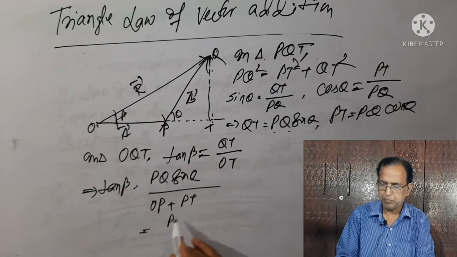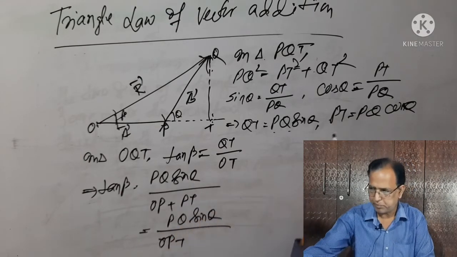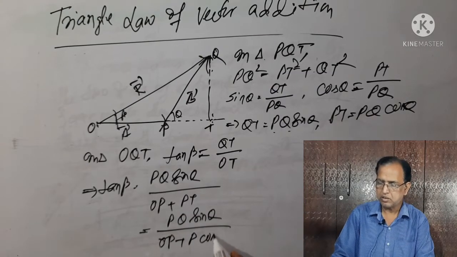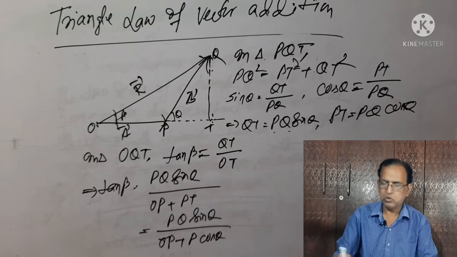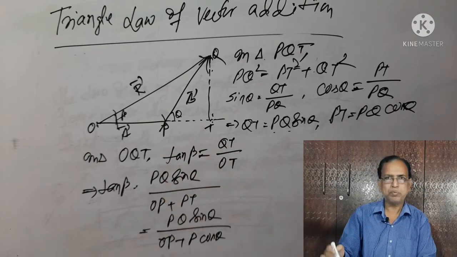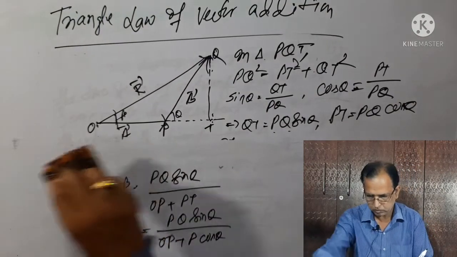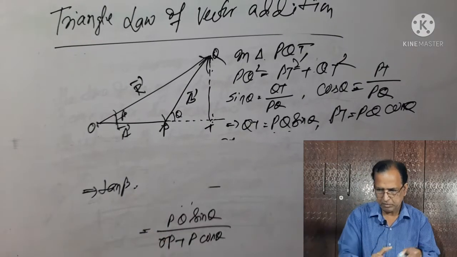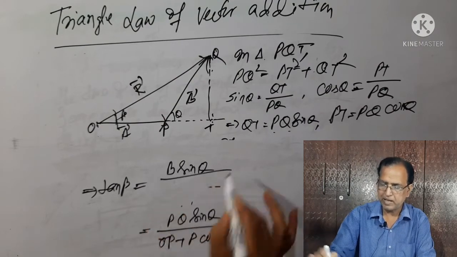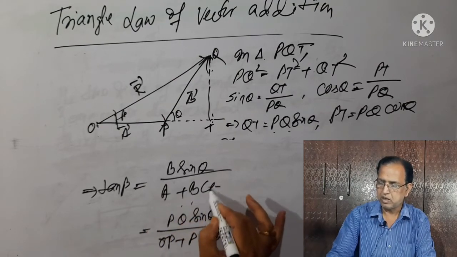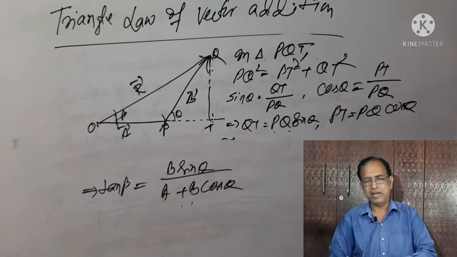So tan beta is equal to PQ sin theta by OP plus PQ cos theta. What is PQ? PQ is B, OP is A. So tan beta is equal to B sin theta by A plus B cos theta.